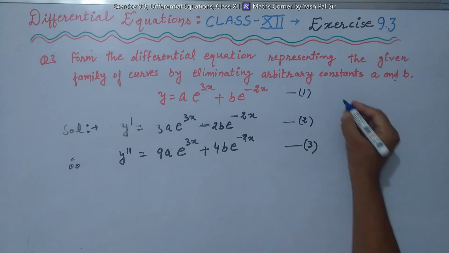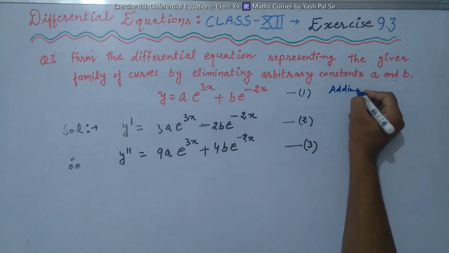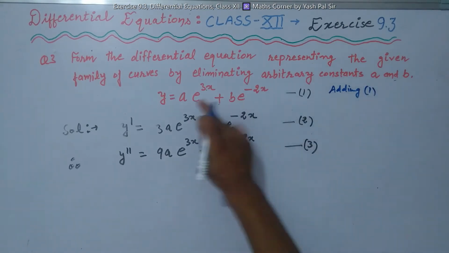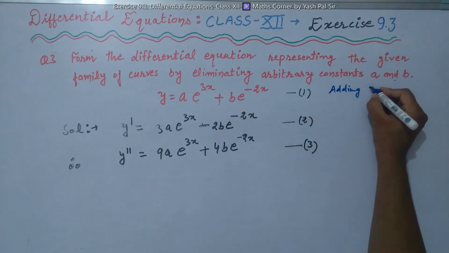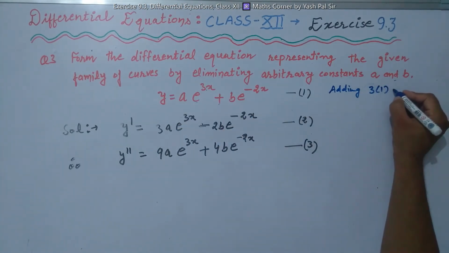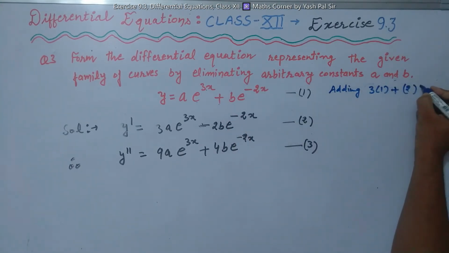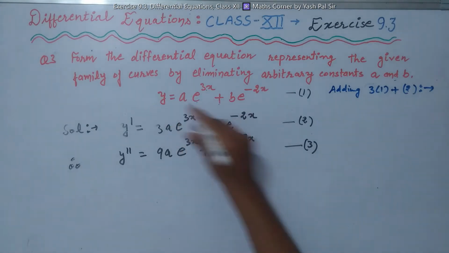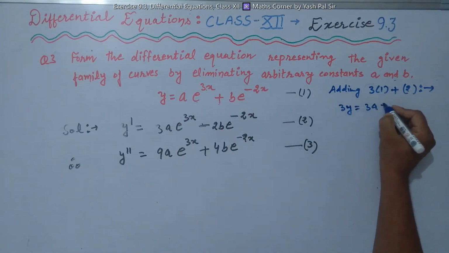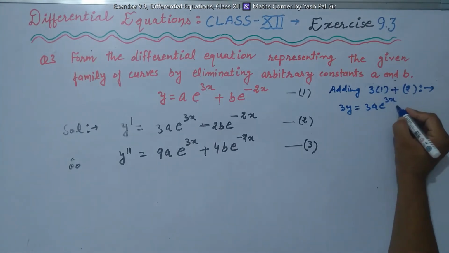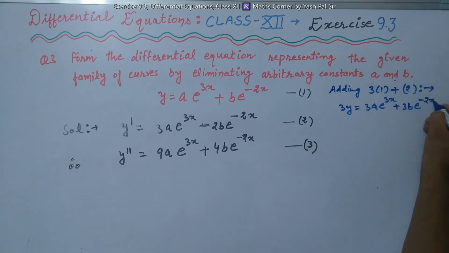Multiplying equation number 1 by 3 and adding equation number 2, we have 3y is equal to 3a e power 3x plus 3b e power minus 2x.